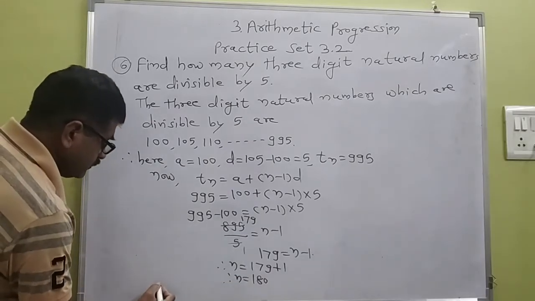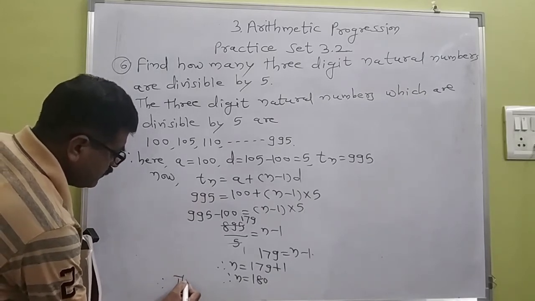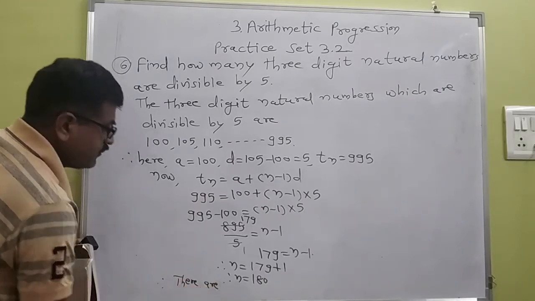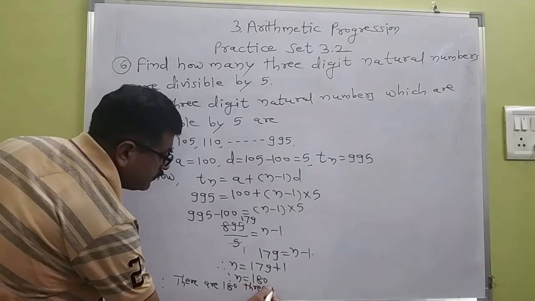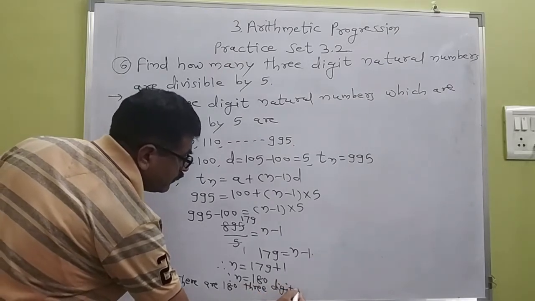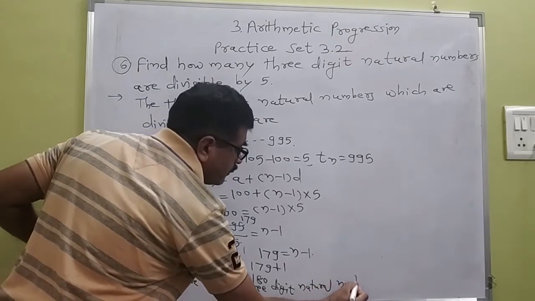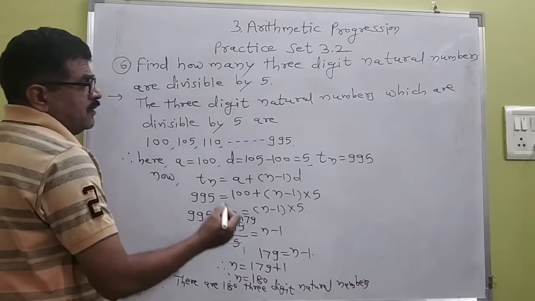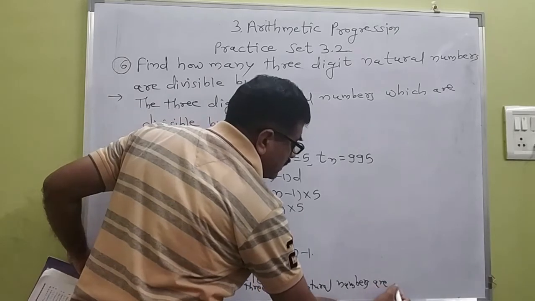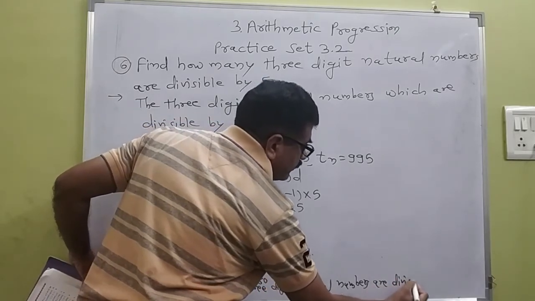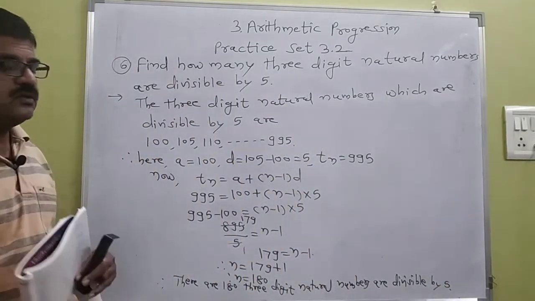Therefore there are 180 3-digit natural numbers divisible by 5. This is the answer.